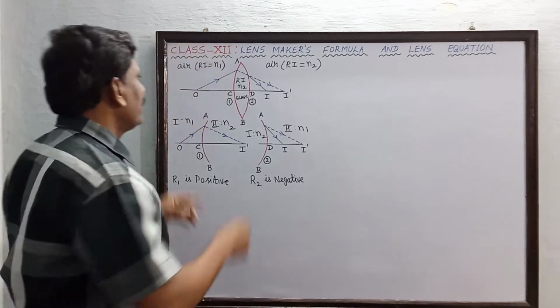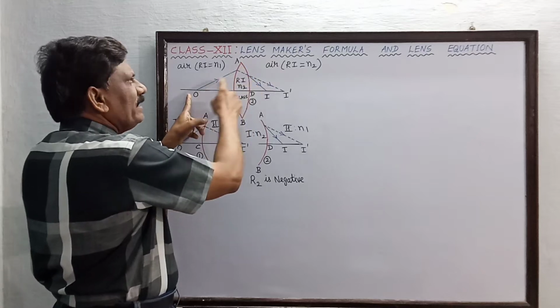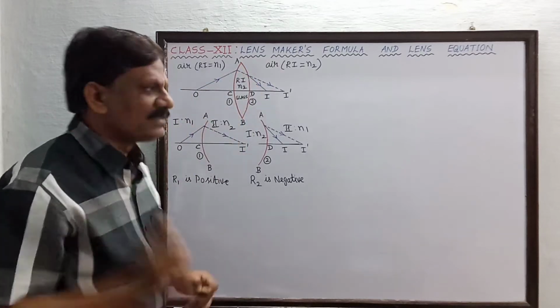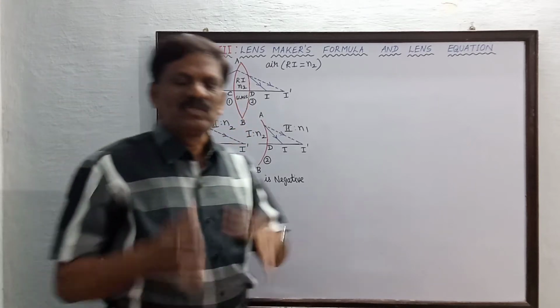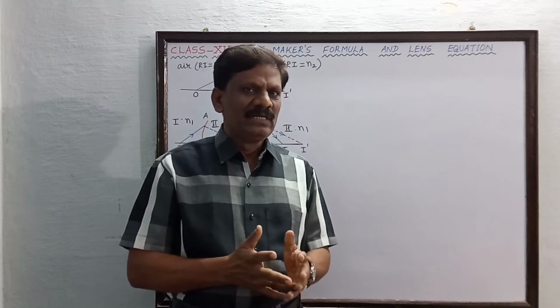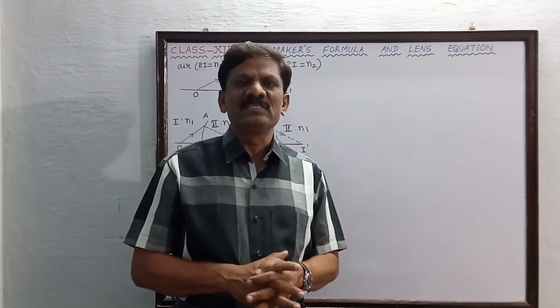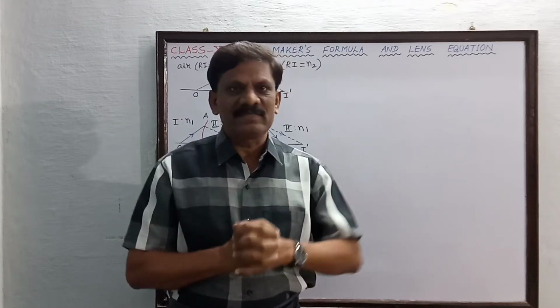So one incident ray I have taken, namely this ray. Light is incident on the first curved surface ACB, and refraction takes place because the light travels from air to glass.